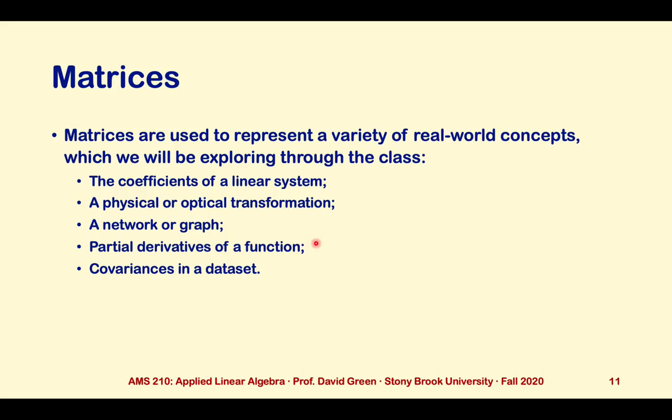They can be used to represent covariances in a data set. Depending on the context of the problem, the meaning of the matrices we work with will be slightly different. The tools we develop to work with them, however, will be applicable to all of these different concepts represented by matrices.